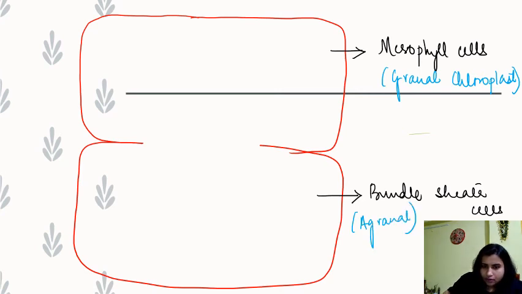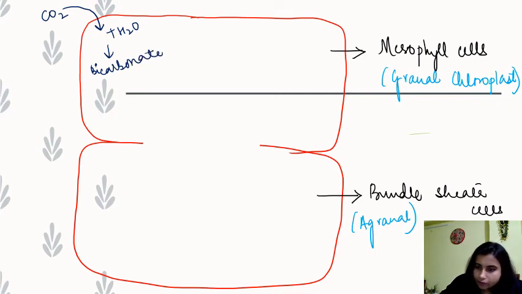Whenever carbon dioxide comes, it reacts with water and forms bicarbonate. This bicarbonate will change to oxaloacetate, which is a 4-carbon compound. This oxaloacetate will change into malic acid.